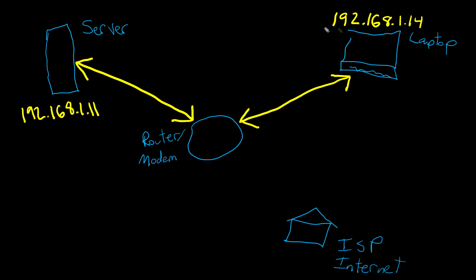If I open up my browser, on the server we're going to assume that we have Apache running on it, right? What Apache does is it configures everything so it answers traffic on port 80. And it'll also answer traffic by default on usually 443, which is your HTTPS protocol, your secure protocol, SSL.